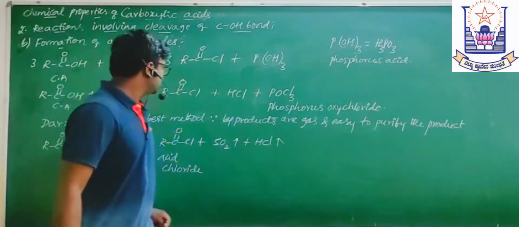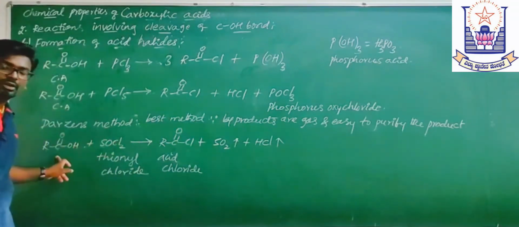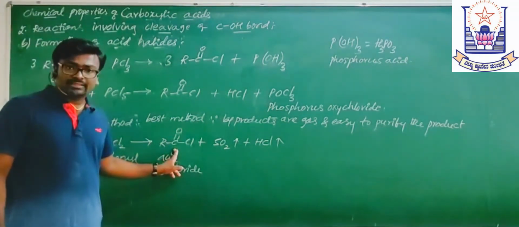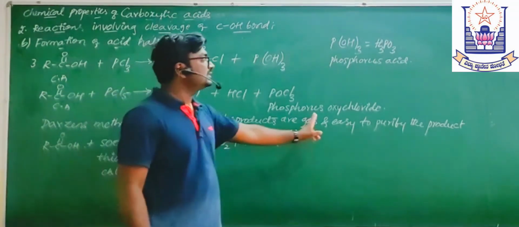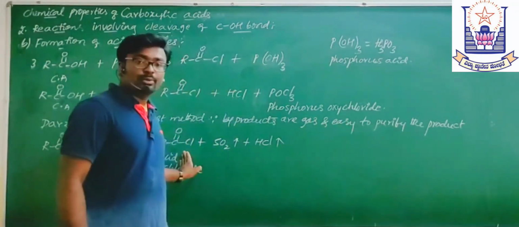Why is Darzens' method the best method to convert the carboxylic acid to the acid chloride? Because the byproducts are gases and it is easy to purify the product.